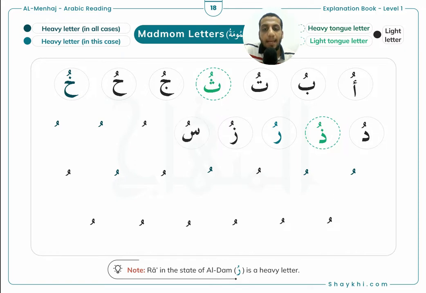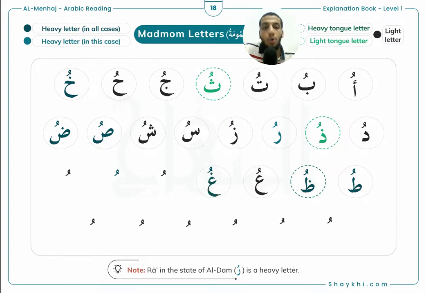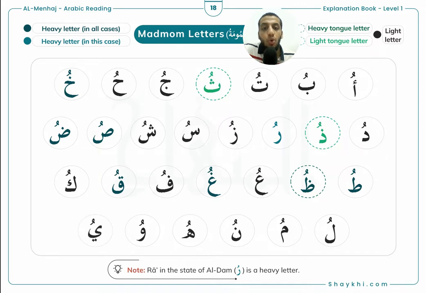Zu, zu, su, su, shu, shu, su, su, du, du, tu, tu, dhu, dhu, a'u, a'u, ghu, ghu, fu, fu, qu, qu, ku, ku, lu, lu, mu, mu, nu, nu, hu, hu, wu, wu, you.